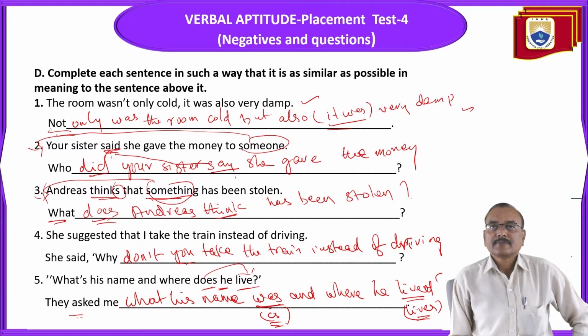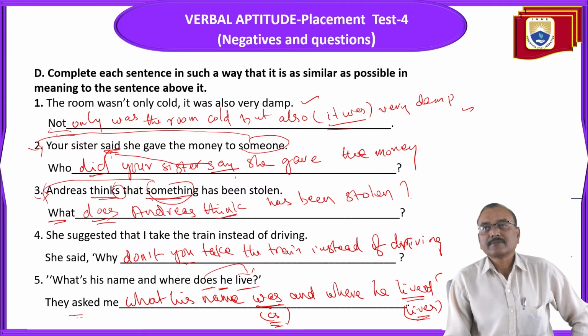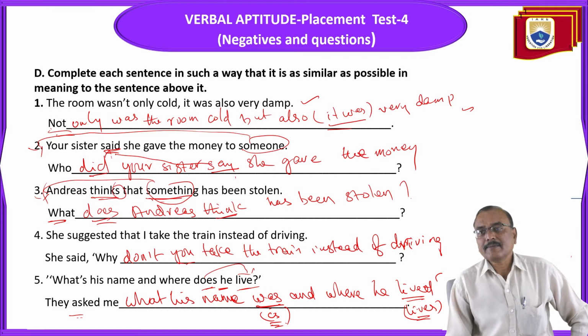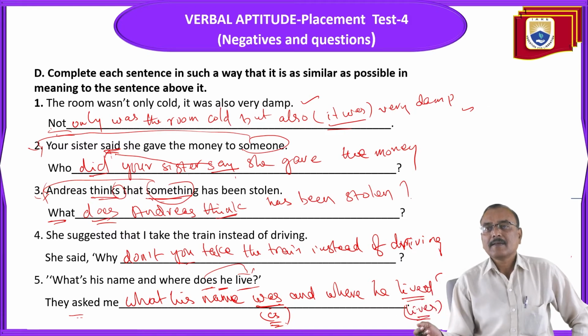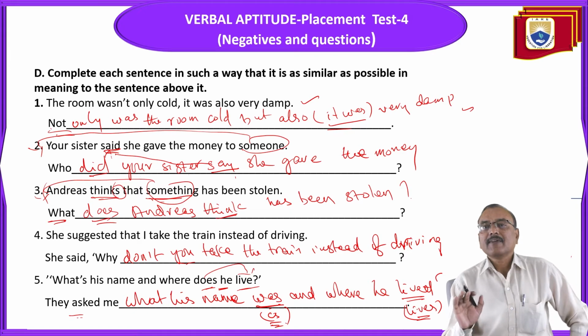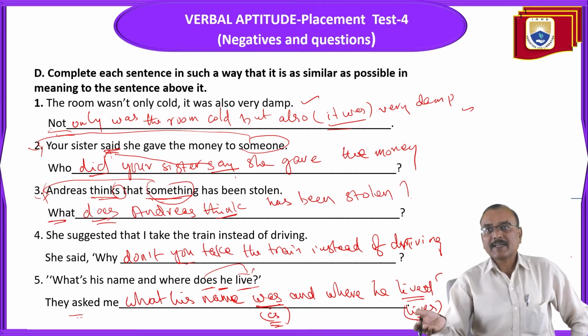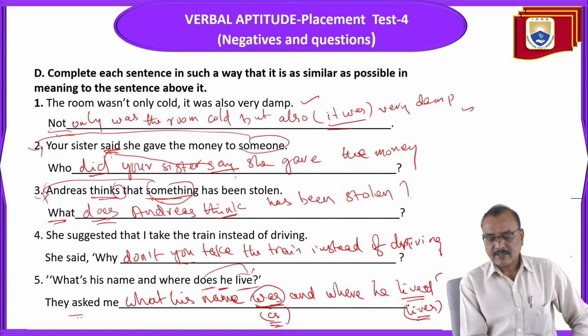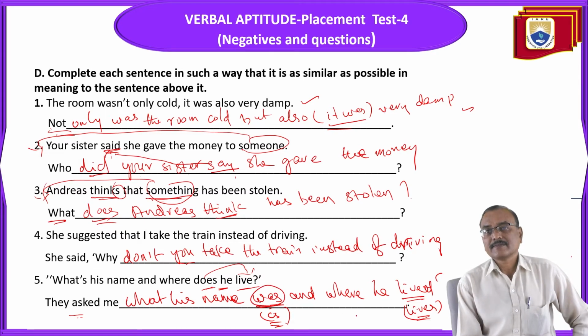So, any doubt here? No. Why don't you take the train? That is the suggestion. What his name was and where he lived. Why do we say what his name was? The name may have changed, thinking that, we are saying what his name was. But if the name is the same now also, you need not go with was. You can go with is only.